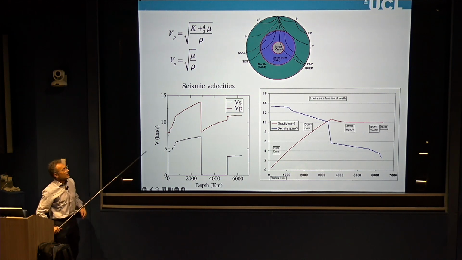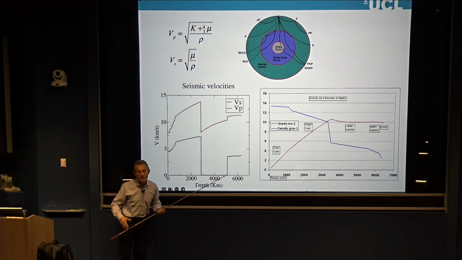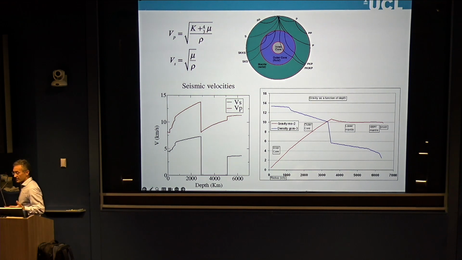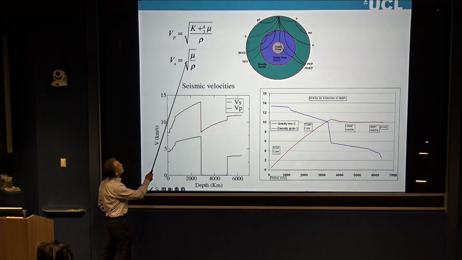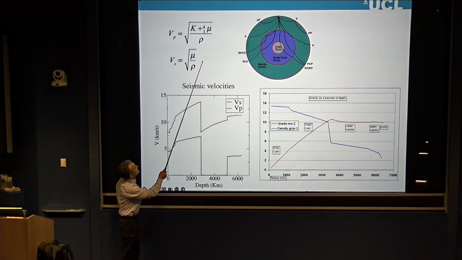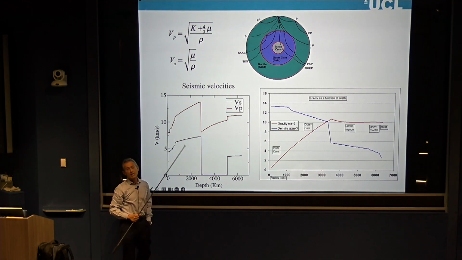So these seismic waves have velocities. Typically, you have two kinds of seismic waves, P waves and S waves, or primary and secondary, or if you like, pressure waves and shear waves. Pressure waves have a velocity that depends on the properties of the materials. So here in this equation, you have the density at the bottom, and then you have these two quantities here, K and mu.